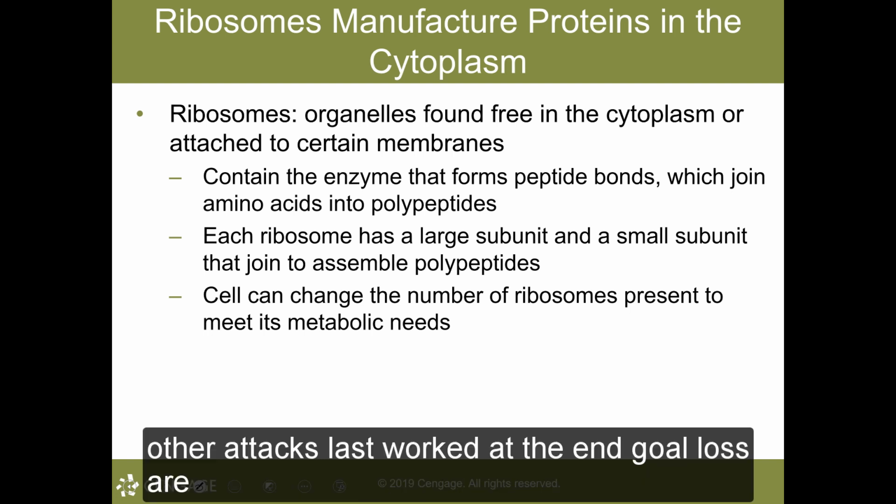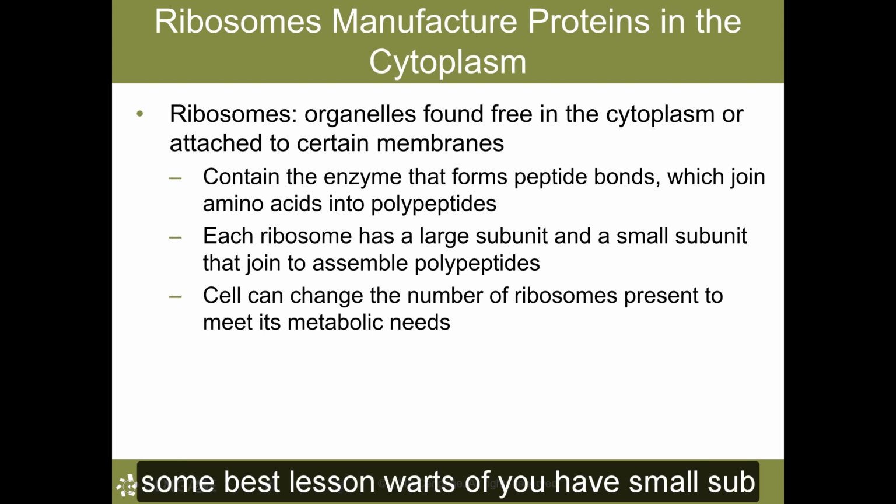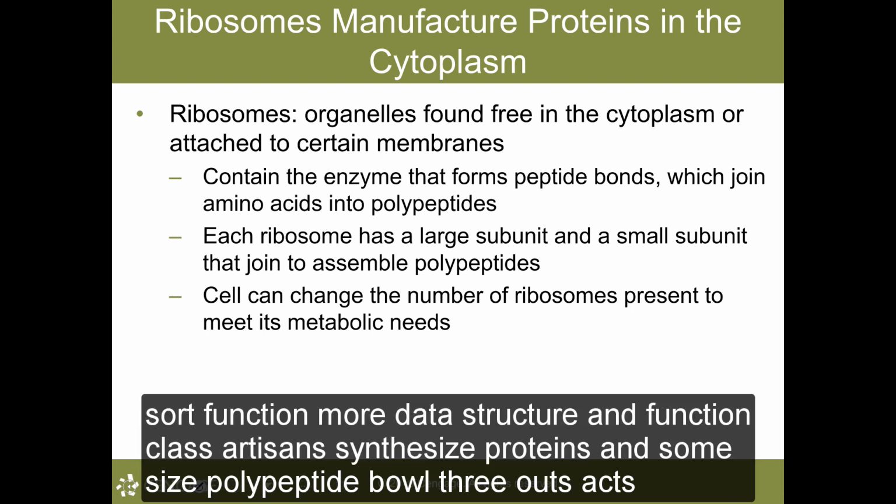Those that are attached, class, are attached to the endoplasmic reticulum, and those that are free, class, are free in the cytosol. So it does, class, have a large subunit and small subunit. So in function, meaning I gave you the structure, in function, class, ribosomes synthesize proteins. They synthesize polypeptides in both eukaryotes and prokaryotes.